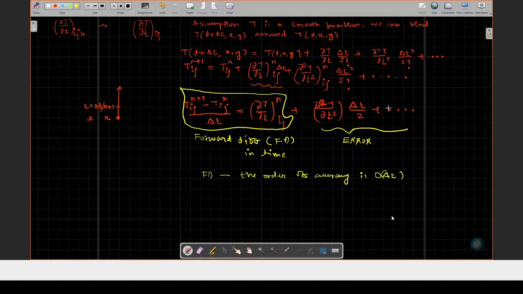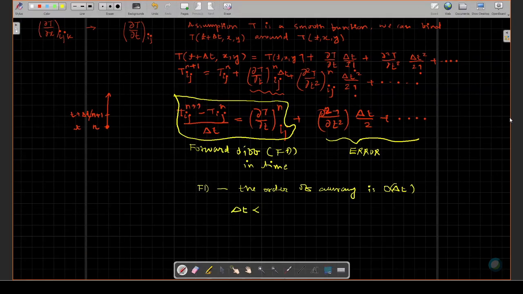Why order delta t? Why not delta t square or delta t cube? Because for any delta t, the delta t value will always be greater than delta t square and delta t cube. So the highest error is in delta t. That is why it is called the leading error term.